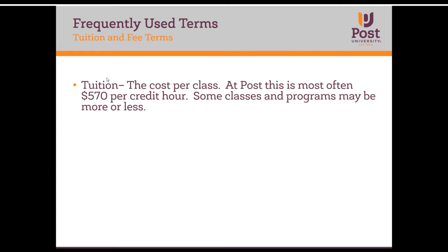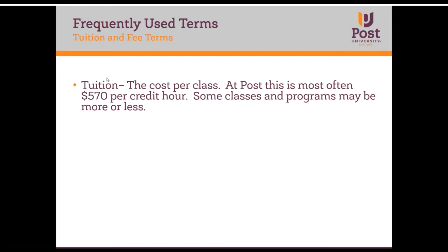So at Post, we're going to look at the average tuition for a student who is in an average class. There are some classes that are a bit less in cost. There are some classes that are also a bit more expensive if you were working on a grad degree. But the average class cost at Post is $570 per credit hour.